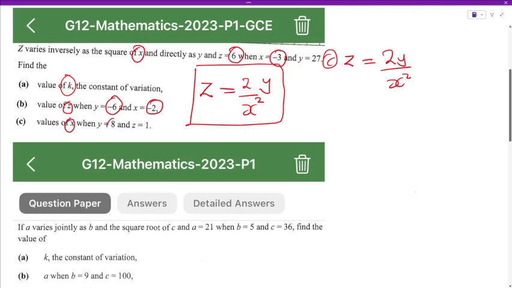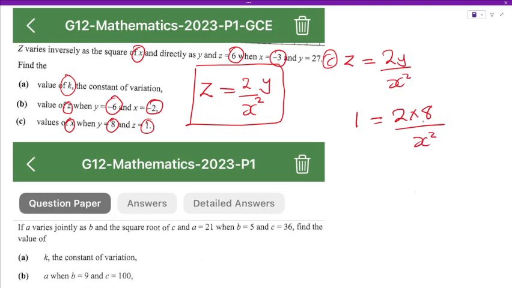So y is given as what? 8, and z as 1. So we're going to say 1 is equal to 2 times 8 over, wait a minute, where is the k? Okay, yeah, there it is. 2 times 8 over x squared.